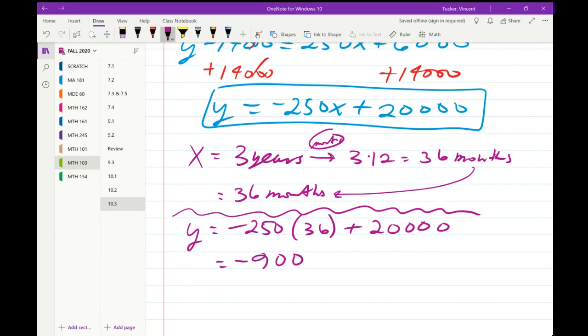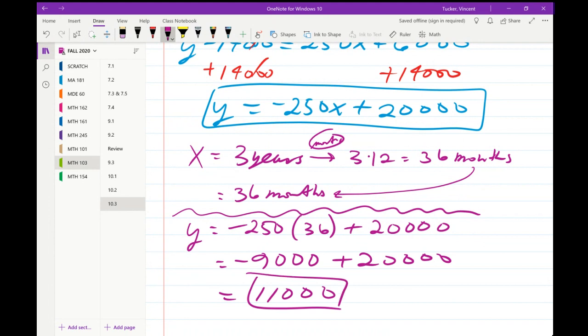So that's negative 9,000 plus 20,000. The car would be worth $11,000 after 3 years.